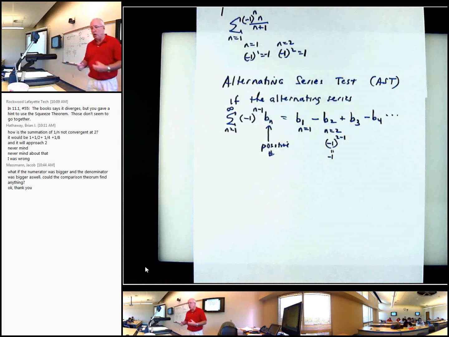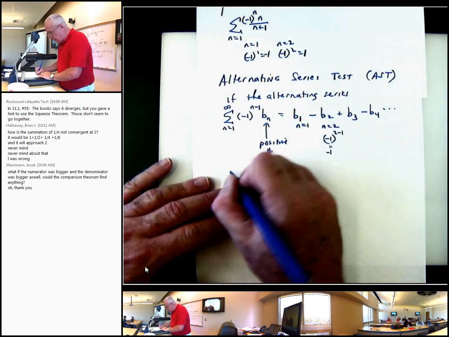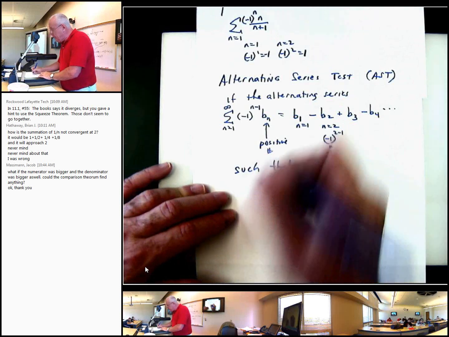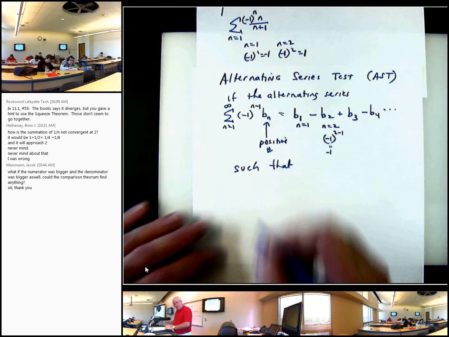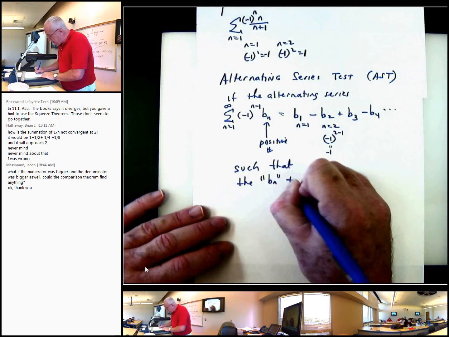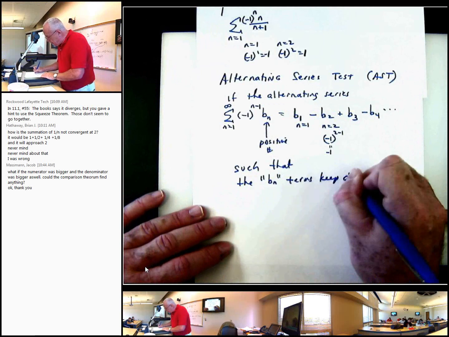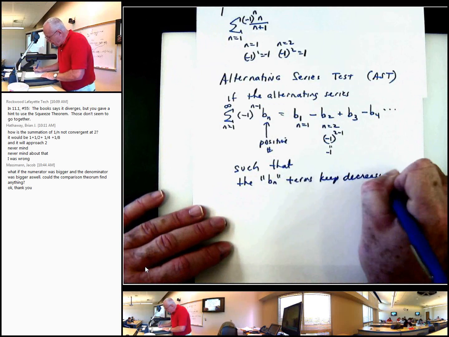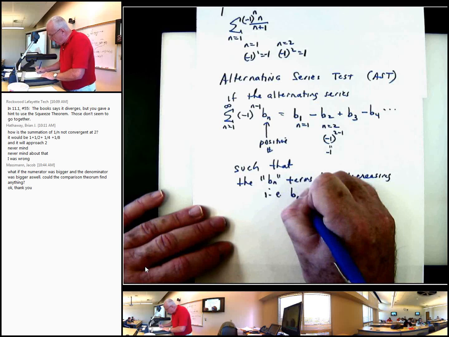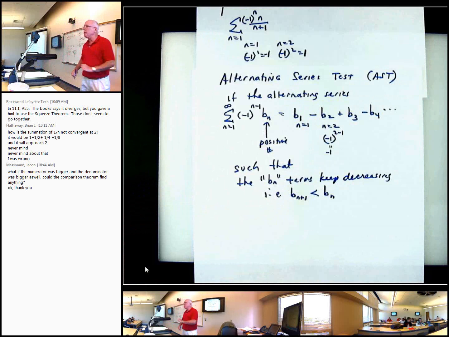Okay, again, it alternates. So if we have an alternating series such that the b sub n terms keep decreasing, i.e., b sub n plus 1 is smaller than the one before it, smaller than b sub n.